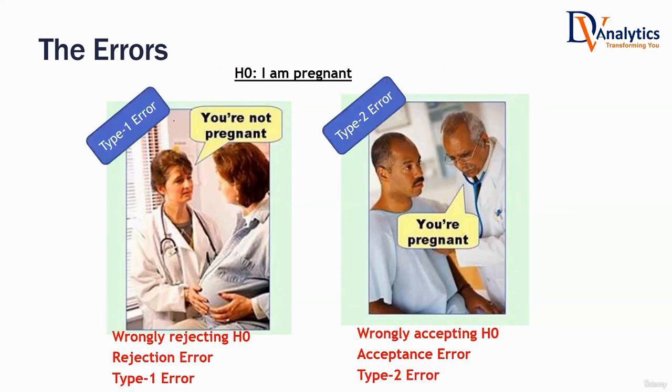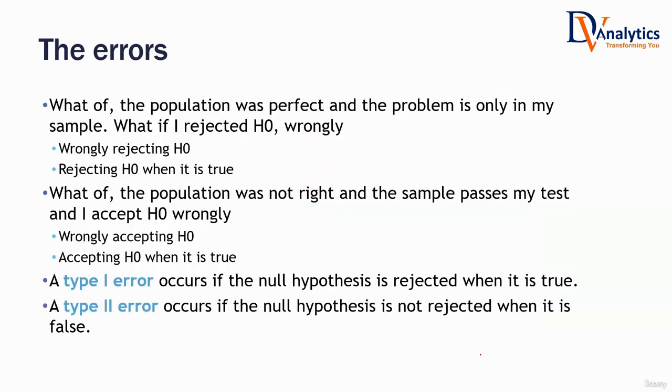If you are wrongly rejecting the null hypothesis, that is known as type 1 error. If you're wrongly accepting the null hypothesis, that is known as type 2 error. The null hypothesis is correct, but you rejected it, that is known as rejection error, type 1 error. But the null hypothesis is wrong, but you accept it, that is known as type 2 error. Sometimes type 1 error is critical, sometimes type 2 error is critical.